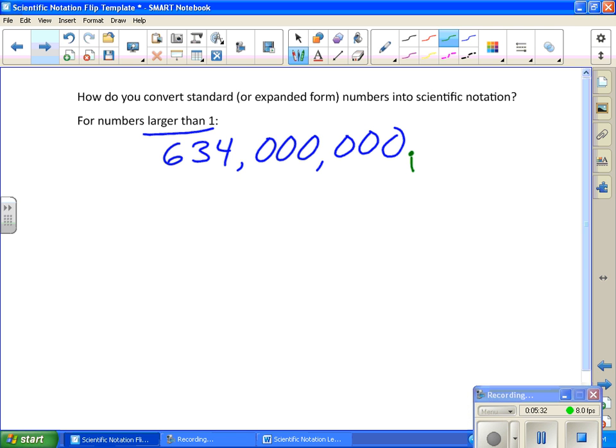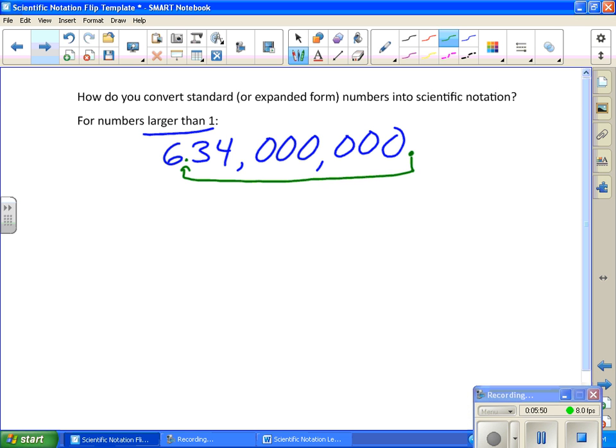Well, 63 wouldn't be between 1 and 10. 634 wouldn't be between 1 and 10. But if we put the decimal point right here, that gives us a number between 1 and 10. So that's how we decide where to put the decimal point.